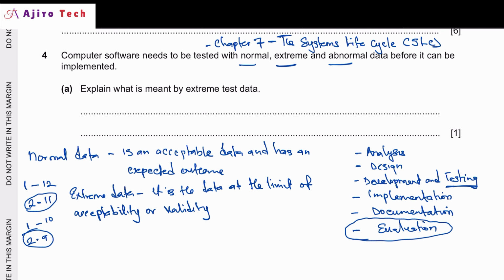It's important to know that extreme data has only two end values: the beginning or the ending.